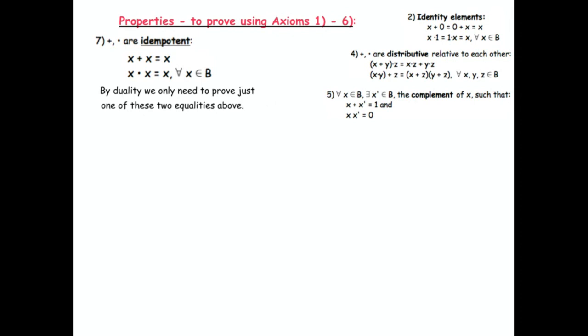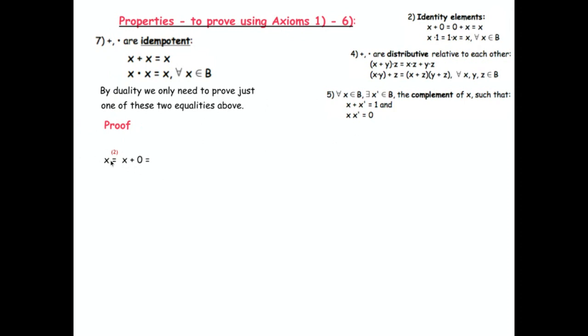By duality, we only need to prove just one of these two equalities above. Using the second axiom, and this is what I want you to do when you're doing your own proofs: over the equality, when you're doing the translation, you should put in the little number in parentheses, and that will tell me what axiom you're using to support your proof.